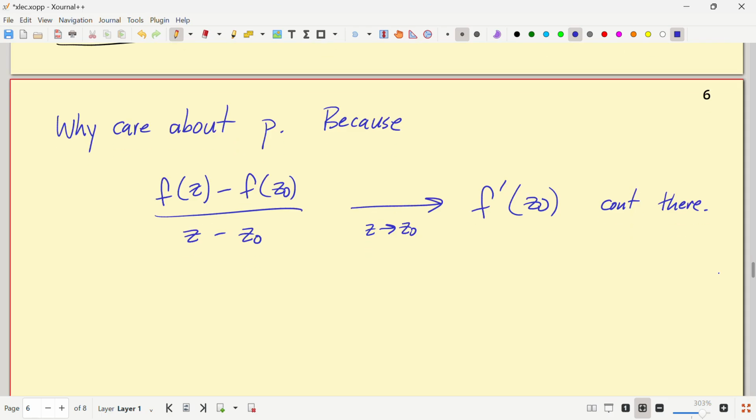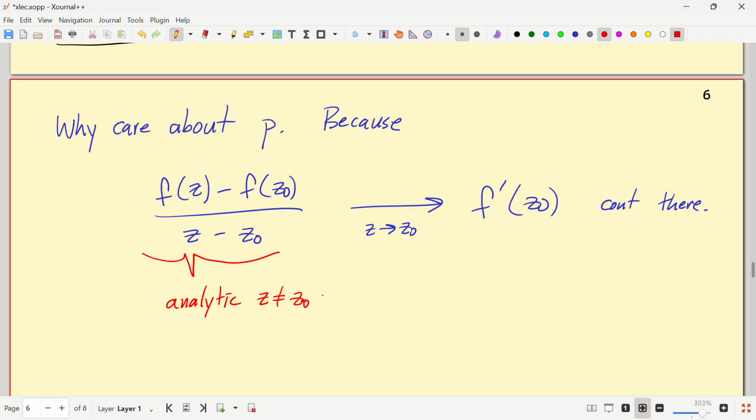And this is analytic away from z naught, if f is analytic. So when I apply the Cauchy-Goursat theorem to a difference quotient, it's going to spit out something pretty interesting.